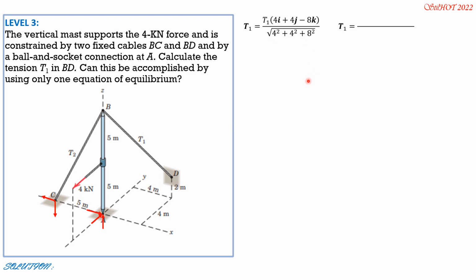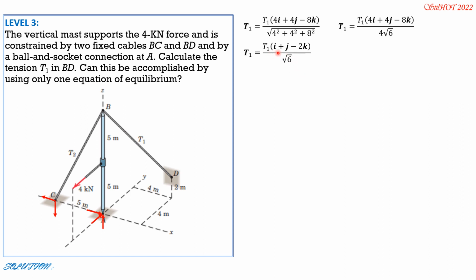Simplifying, so in vector form, T1 quantity 4i plus 4j minus 8k over 4 square root of 6. Simplifying further by cancelling out 4. So T1 is magnitude T1 times i plus j minus 2k over square root of 6.